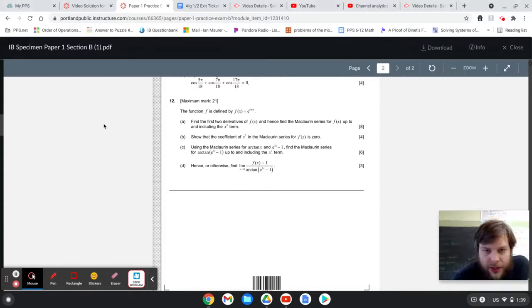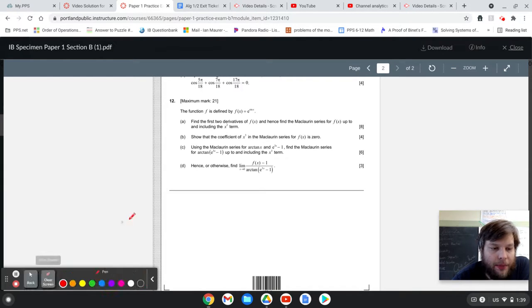Okay, so this last question here, 12, is fun with Maclaurin series. Maclaurin series are this idea that you can represent a function with a series based on its derivatives.